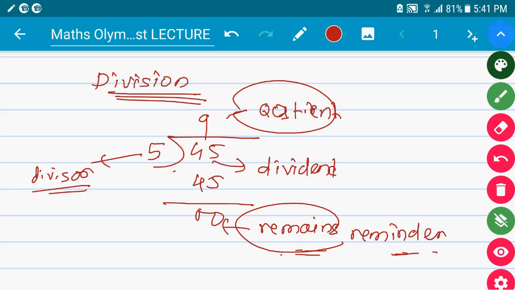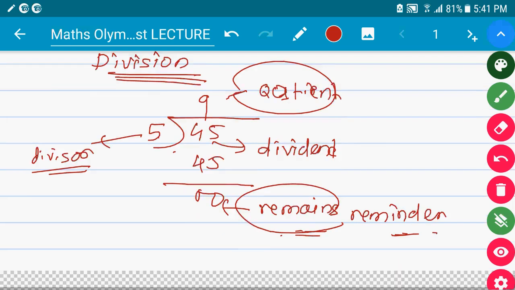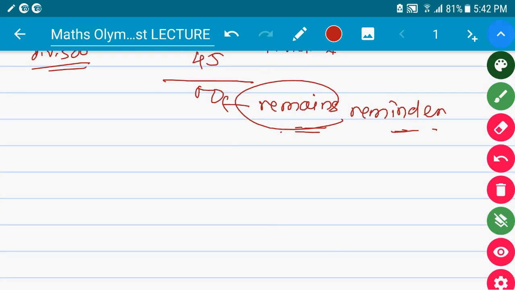So there are some properties of division also, and there are some divisibility tests you must know: divisibility tests for 2, 3, 4, 5, 6, 7, 8, 9, 10. So we will learn about the divisibility tests.